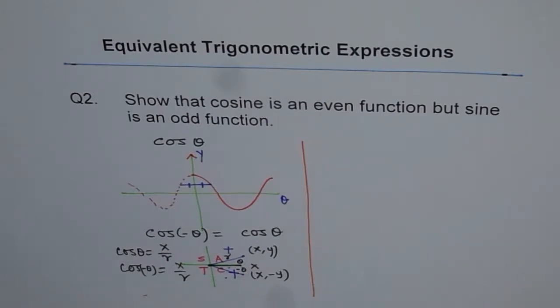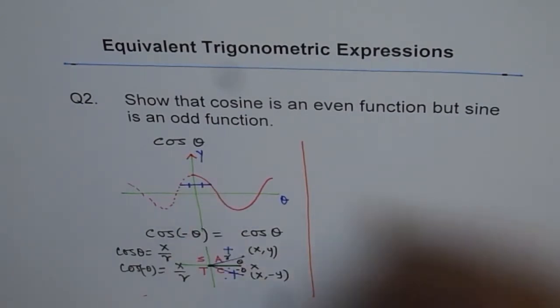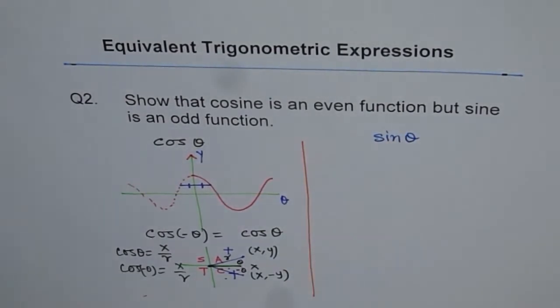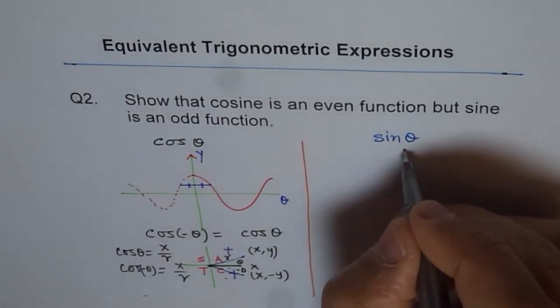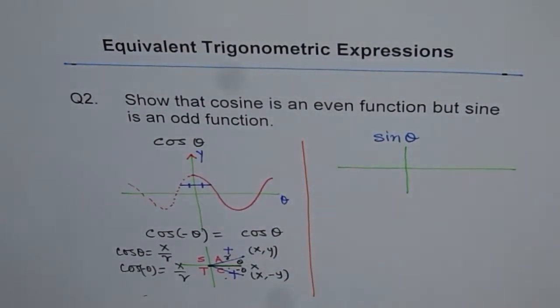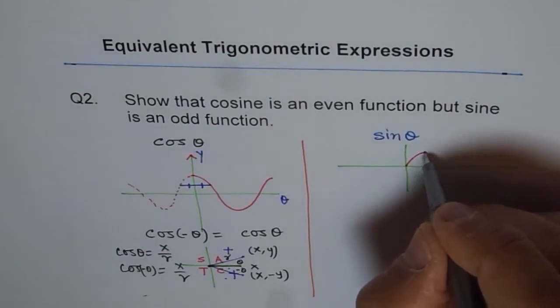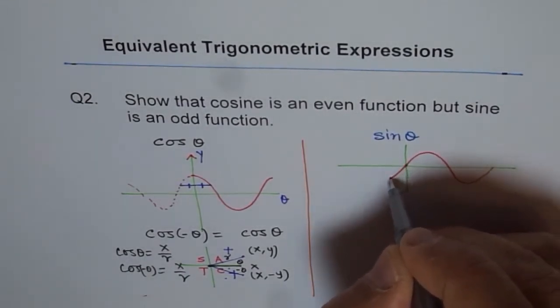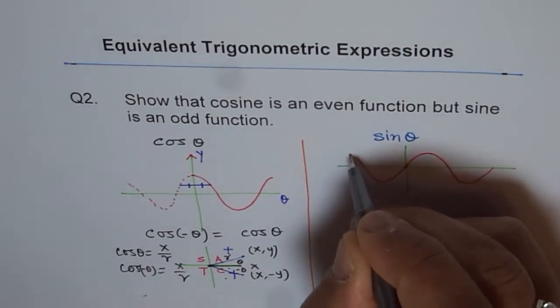Now let's look into the sine function. And I think you can do it now, taking help from here. So let's consider sine theta, right? So let me draw this time this diagram here for sine. Okay, so the sine function when we draw it like this. Correct? It is periodic, it extends. Do you see that? It extends like that.